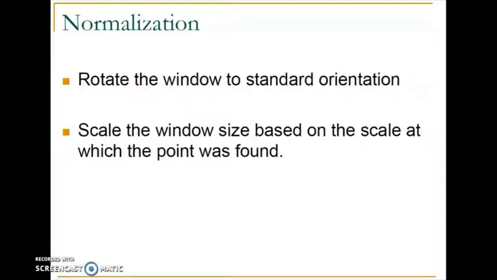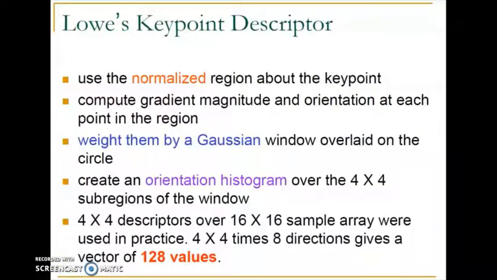So if we have a key point, we have the scale of the key point, we need to find a window size based upon that scale, and we obviously need to rotate that window by a specific angle that we have already found based upon the dominant orientation. And once we have done that, we have performed the normalization of the data around the key point that we have already found.